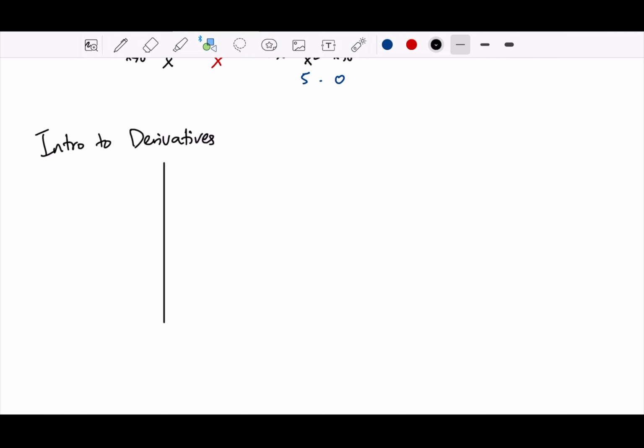So remember that we have, I just make a random curve. Let's say this is a curve f of x.